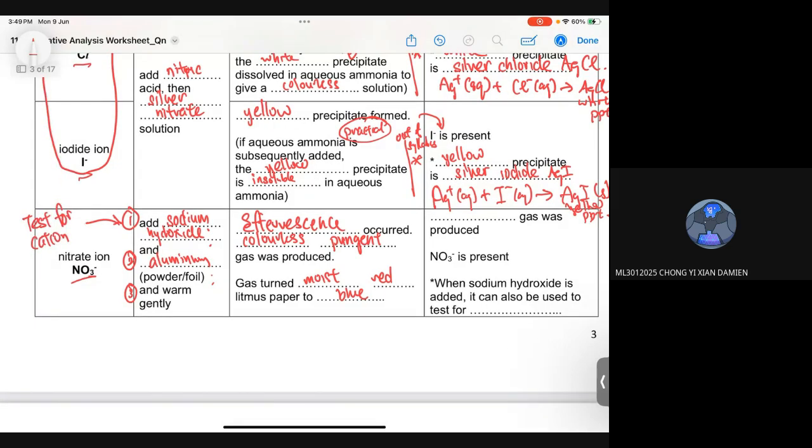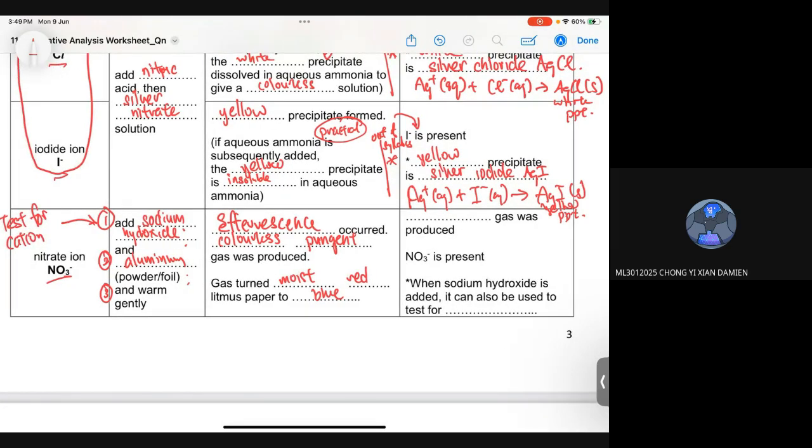Teacher, this one I know already. Colorless, pungent, moist red litmus paper blue. What gas is produced? Ammonia gas is produced. If ammonia gas is produced after I've done steps 1, 2, 3, I can conclude that nitrate is present. So as mentioned, sodium hydroxide, when added, can also be a test for your cation.